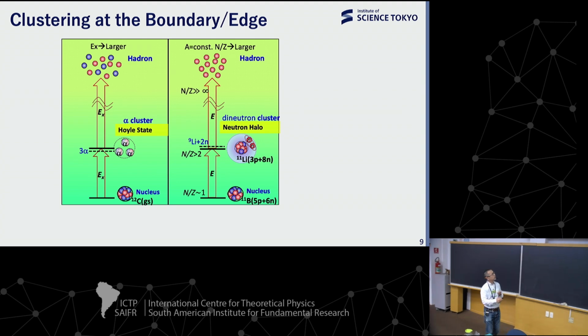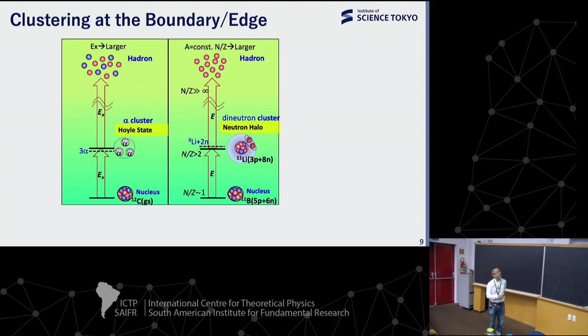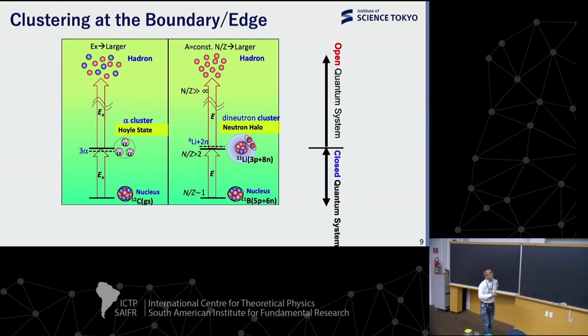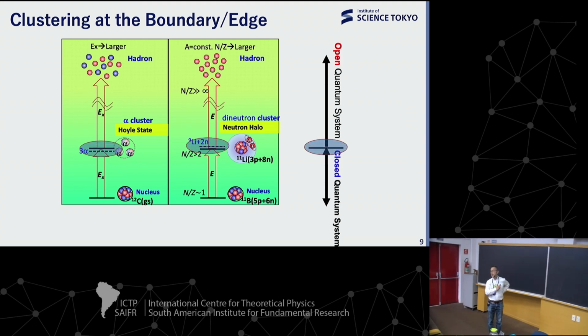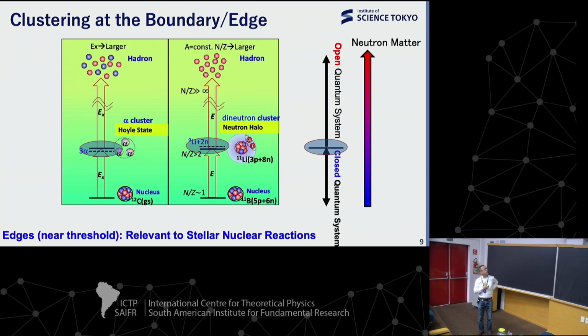This is a famous neutron halo nucleus, and this may also have a dineutron cluster, which appears also very close to the threshold, the lithium-9 plus 2 neutron threshold. So this is also a kind of similar feature as in the Hoyle state. And this direction is actually moving to neutron matter.